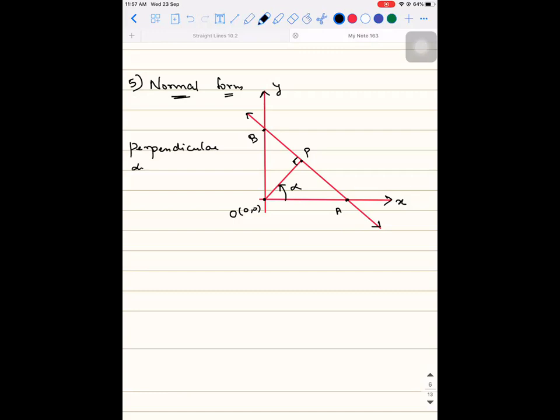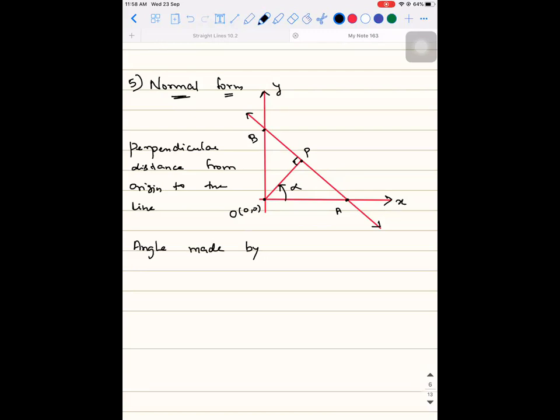Perpendicular distance from where? The origin. To whom? To the line for which we need to write the equation. And what else should be given? Angle made by whom? By the perpendicular to the x-axis.